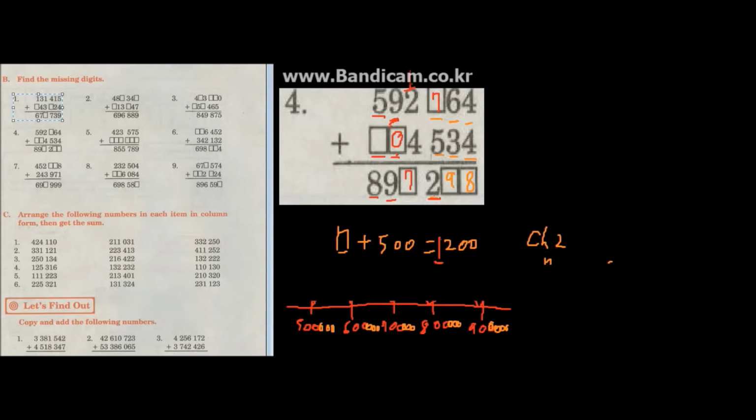Okay. Now let's make a jump. This is 500,000, and this is 800,000. So 1, 2, 3. We need 3 jumps. So we place 3 over here, representing 300,000. So this is the final answer: 3, 0, 7, 7, 9, 8. Now let's go to the next problem.